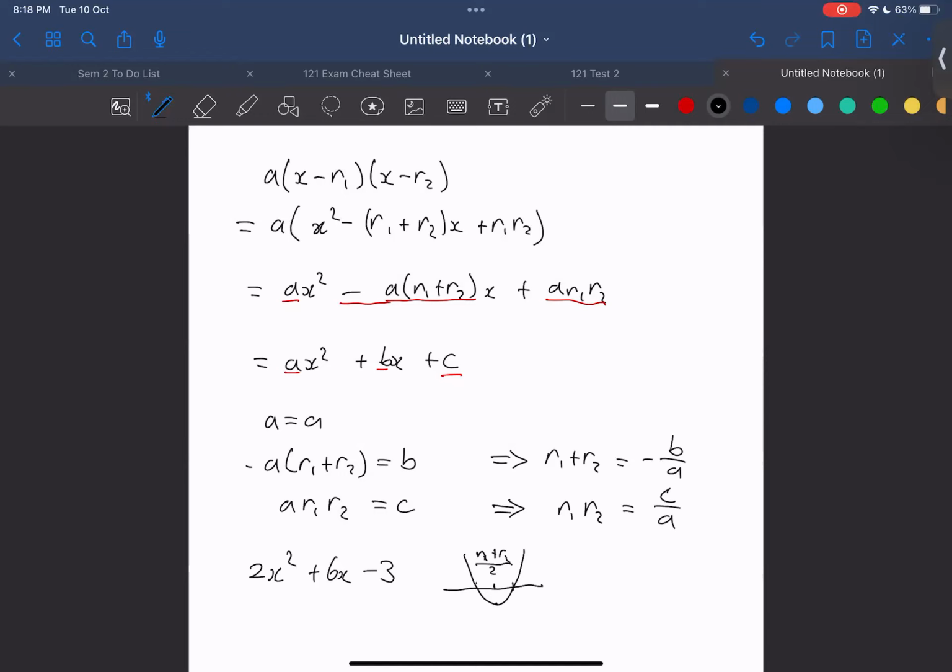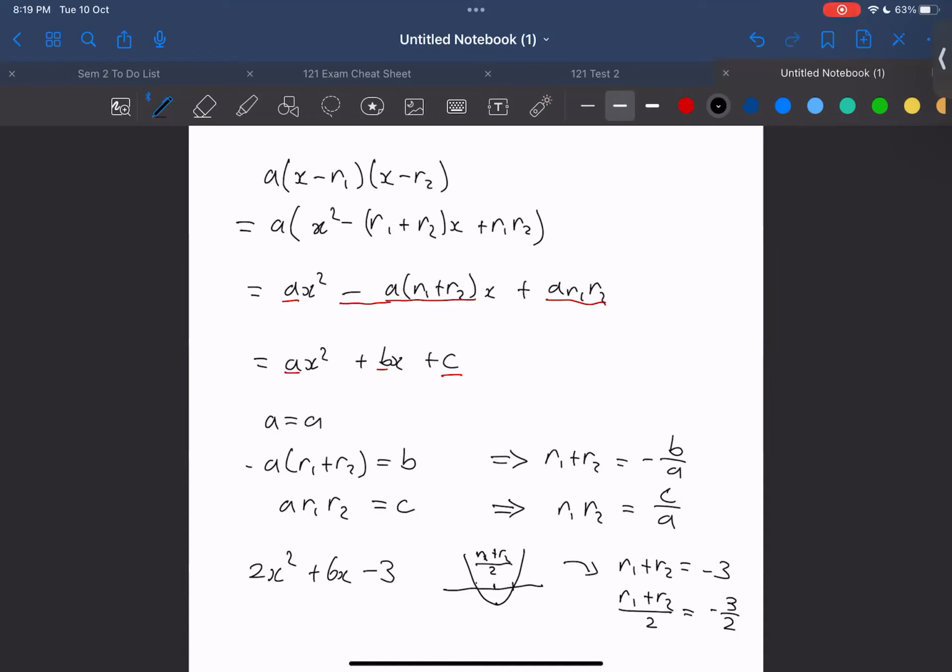And we know that r1 plus r2 is negative b over a, where this term is a, this term is b. So we get that r1 plus r2 is negative 6 divided by 2, which is negative 3. And therefore, (r1 plus r2) over 2 is equal to negative 3 over 2.